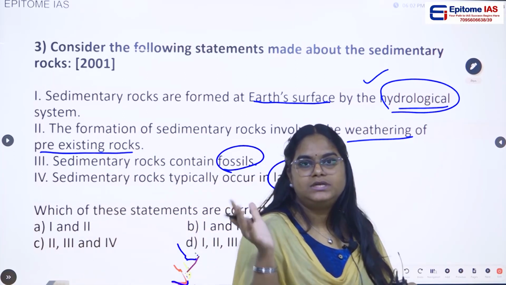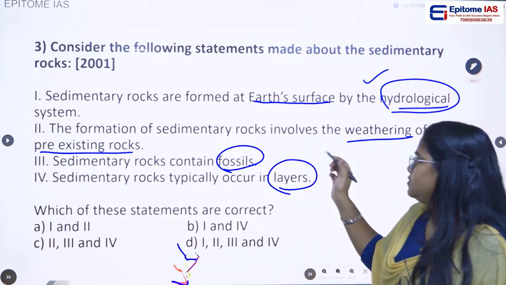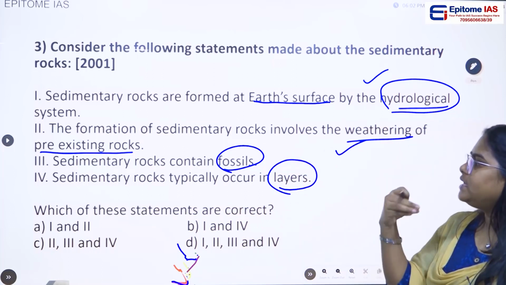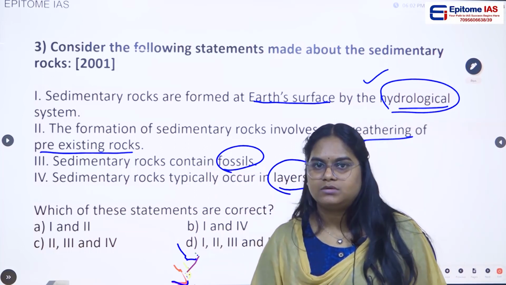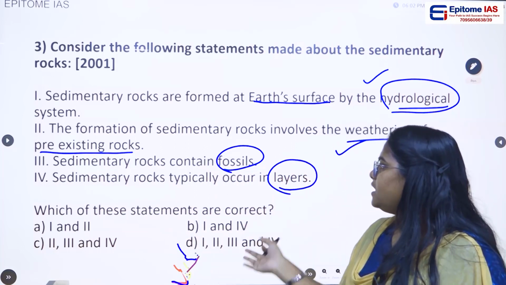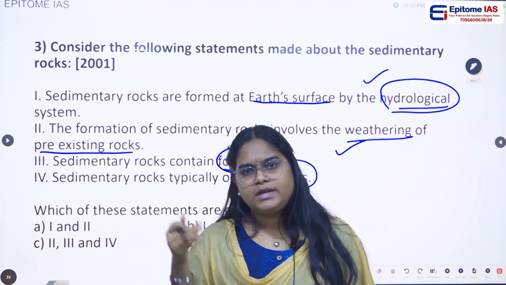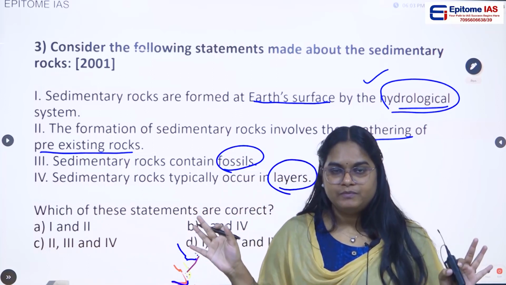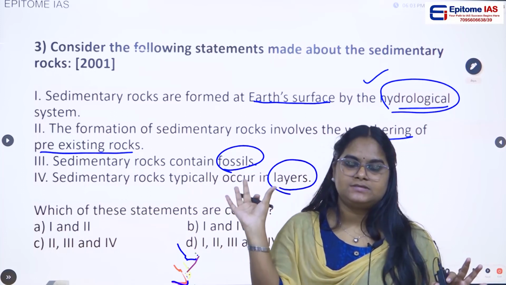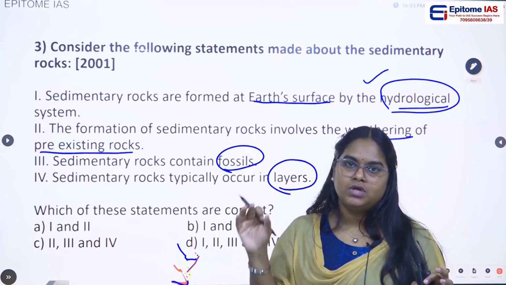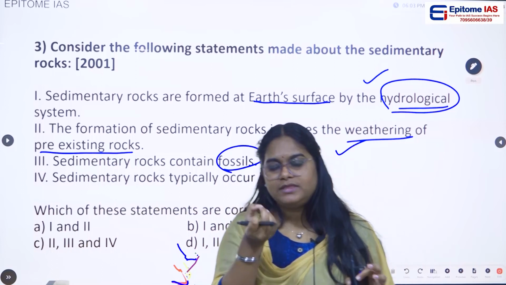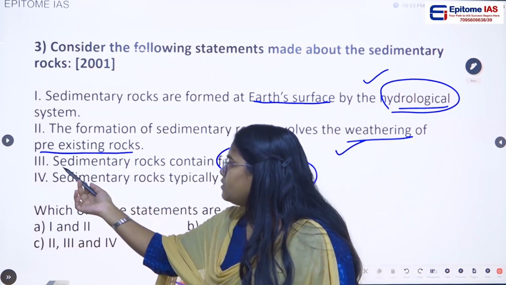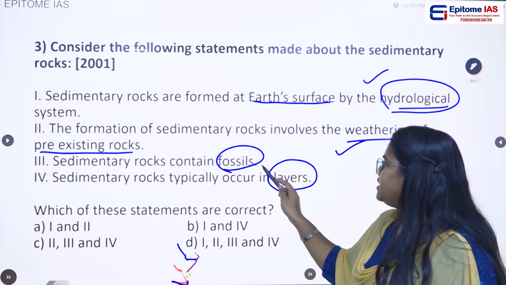So we need the pre-existing rock and its weathering. It may be an igneous rock, a metamorphic rock, or a sedimentary rock also. But it needs a pre-existing rock, which should go through the weathering process, and only then are the sediments formed.